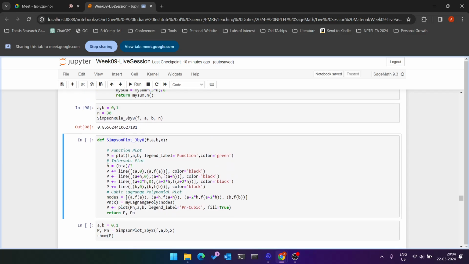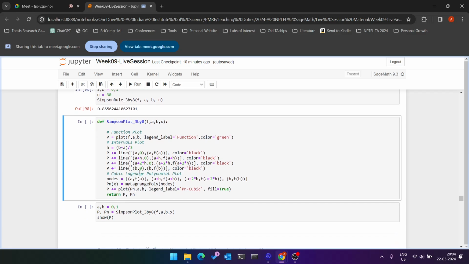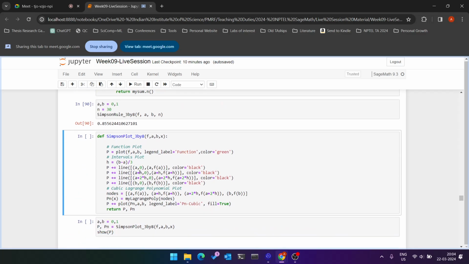Just to see how this looks, suppose you only have 3 intervals, not 30. We have the Simpson plot, which should give you an intuition of how we are doing this.